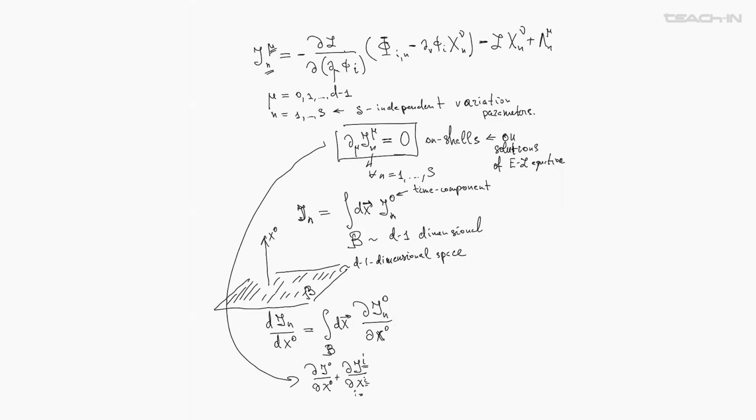So this time derivative can be replaced by the divergence computed with respect to spatial indices. So you have here, therefore, minus the integral over B. I'm thinking about this as a ball, or this surface which I have just drawn. And then you replace this by dJ^i over dx^i.